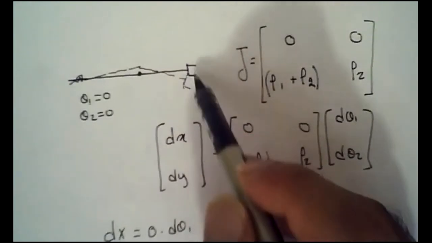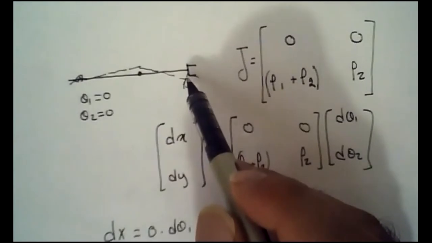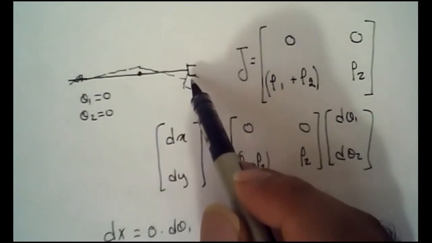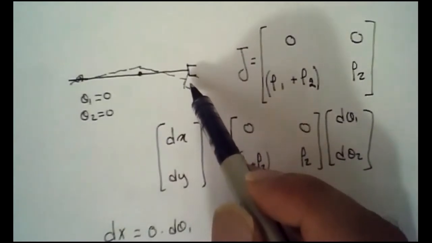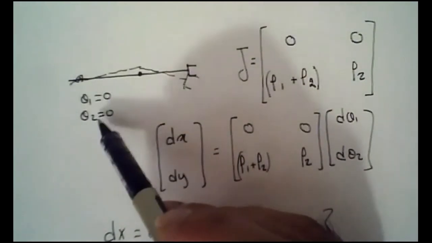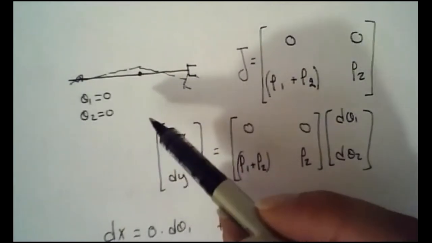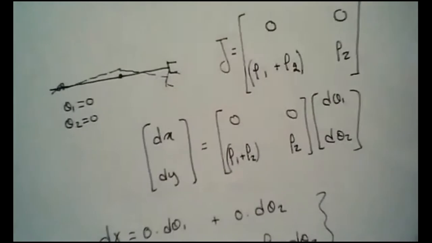You may be able to go in the y direction, but you can't go in the x direction. So in this case, we say we have a singularity in the x direction. Why? Because no matter how theta 1 or theta 2 changes, we cannot go in the x direction. Essentially, we have a mechanical lock on the system, and this is called a singularity.